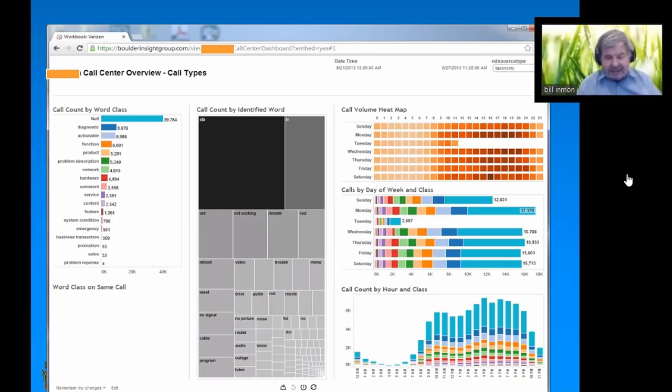Was somebody wanting to buy something? What were people talking about? On the bottom right-hand side, we have the distribution of the time of day in which the call came in. And you can see at 3 o'clock and 4 o'clock in the morning, there was not anybody talking to the telephone company. But at 9 o'clock and 10 o'clock in the morning, there were people talking.